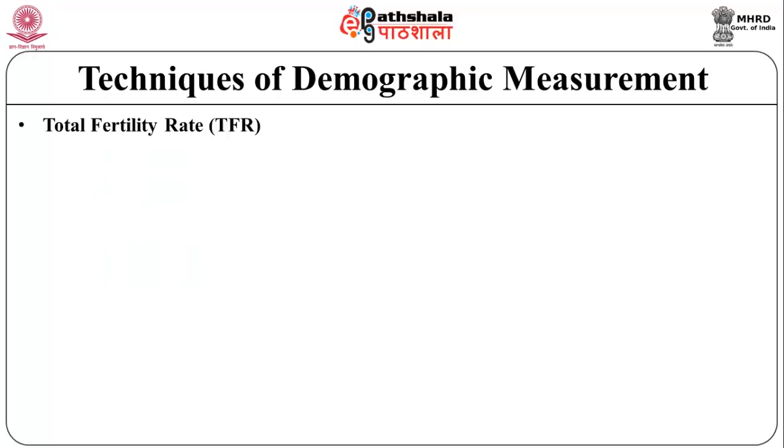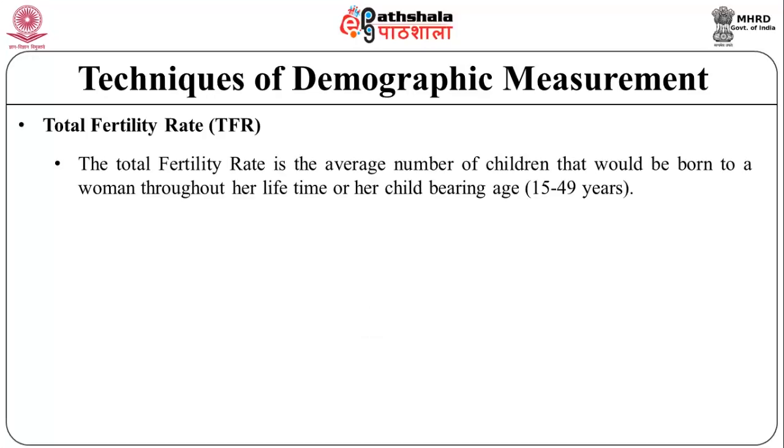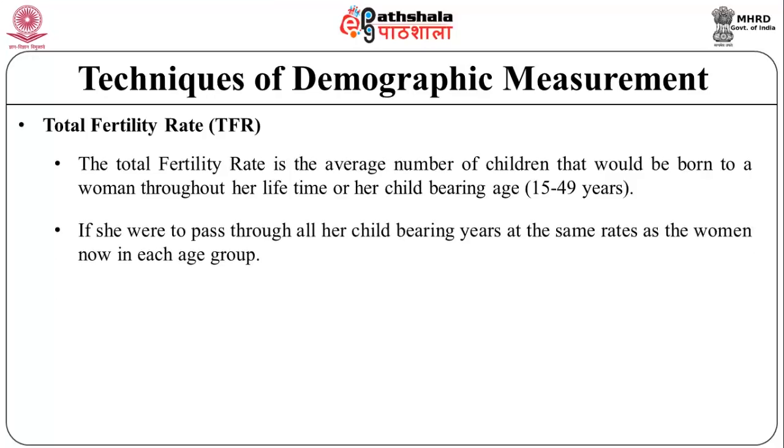The next rate with respect to fertility is total fertility rate or TFR. The total fertility rate is the average number of children that would be born to a woman throughout her life or her childbearing age, 15 to 49 years, if she were to pass through all her childbearing years at the same rate as the women now in each age group.